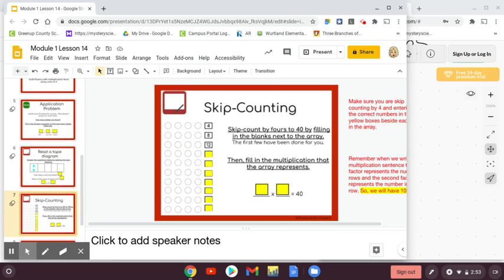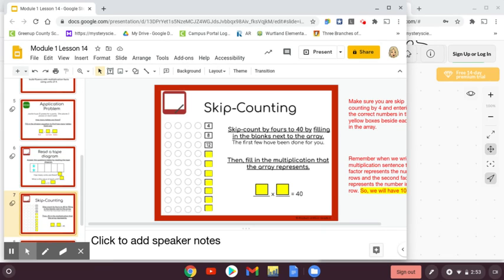Our next slide, we're skip counting, and this is where our I can statement comes in. It said we were skip counting in units of 4, so we're going to practice doing that. It says skip count by 4s to 40 by filling in the blanks next to the array. The first few have been done for you. We have 4, 8, 12. What would come next after 12? So we're just adding 4 each time. 4, 8, 12. 12 plus 4 more is 16. Plus 4 more is 20.